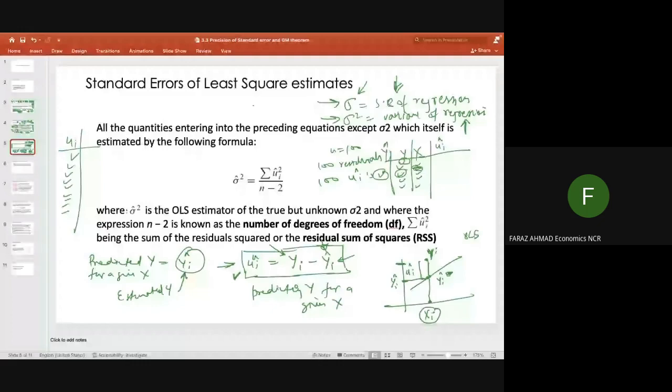The more important variable is ui, which we don't have, right? In the sample, we have everything: we have our y, we have our x. We calculated beta 1 hat and beta 2 hat, so we have the intercept, the slope, the actual y's, the estimated y's, the residuals.